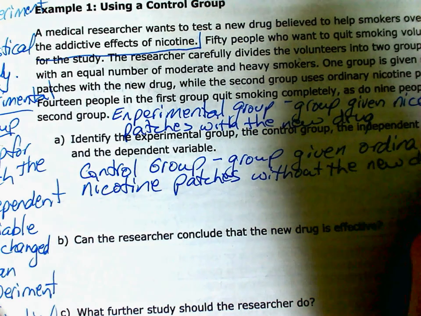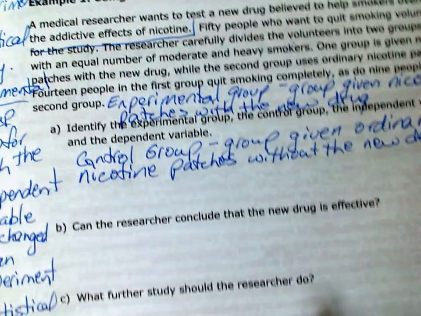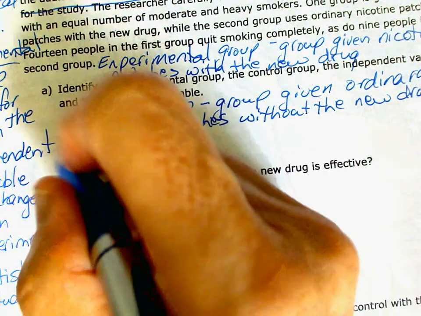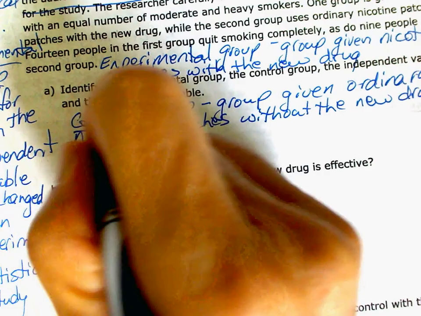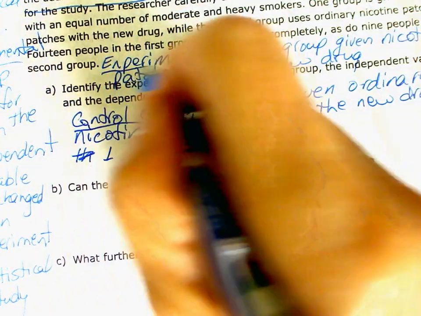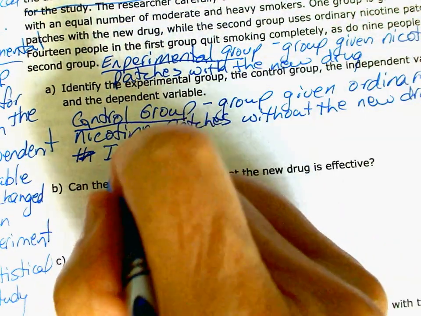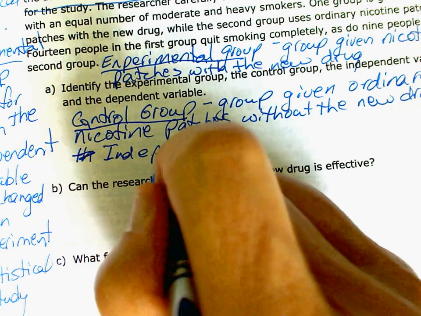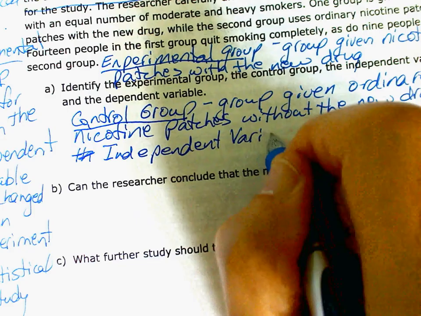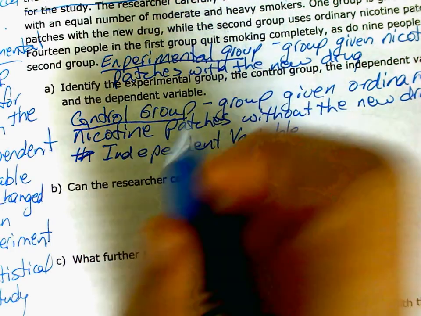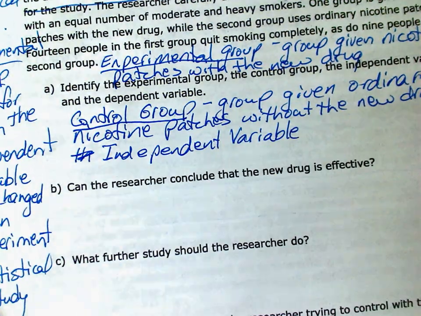So, the independent variable, that's the control group, that's the experimental group. The independent variable, what do you think that is? Right. So we're really talking about presence of new drug.